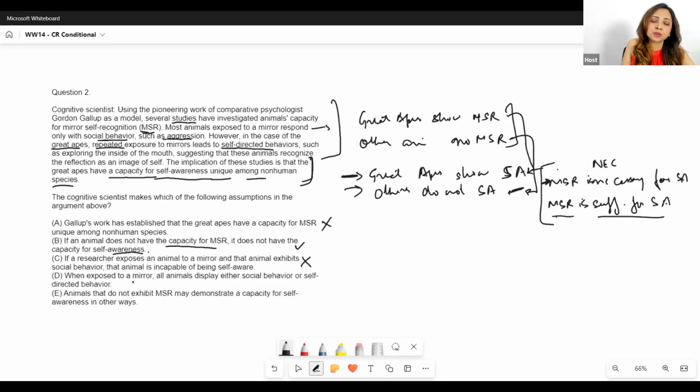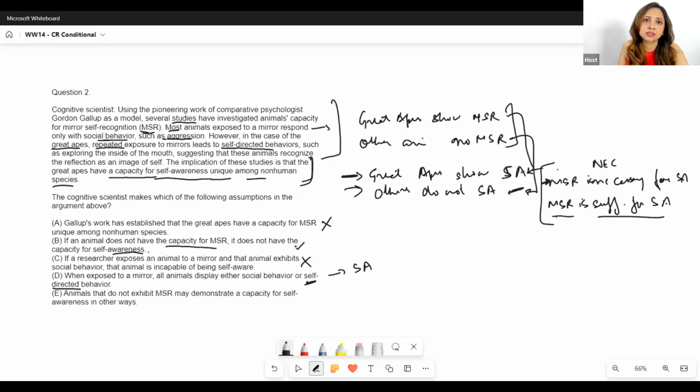D. When exposed to a mirror, all animals display either social behavior or self-directed behavior. Again, this is not necessary. We are only linking the self-directed behavior to self-awareness in our assumption, right? He says most animals display social behavior. Great apes display self-directed behavior. Maybe there are one or two animals that, for example, don't display any behavior. They just stay as they are.